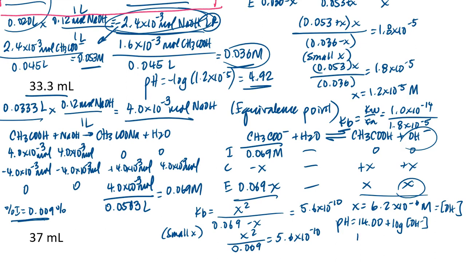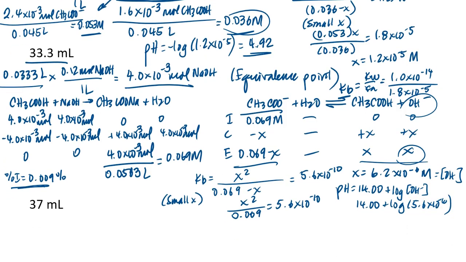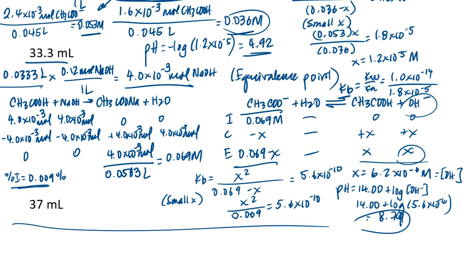So that would be 14 plus the log of 5.6 times 10 to the negative 10th. And so if I go ahead and calculate that out, my pH ends up being 8.79 for this particular step of the titration.